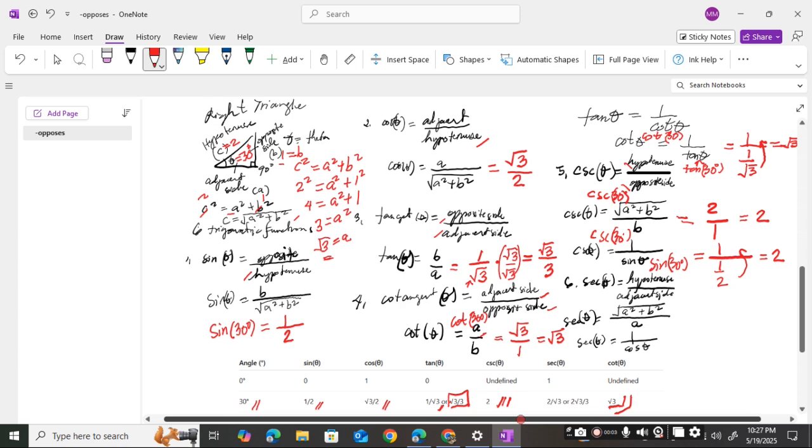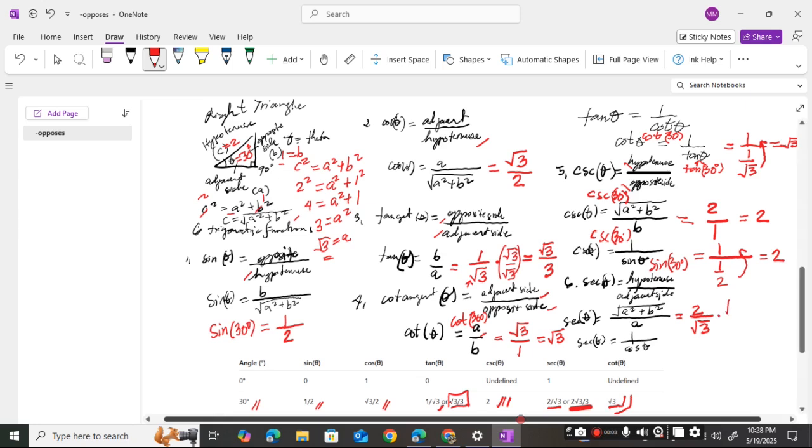Now, for the final function, which is secant theta, we notice that this is defined to be the hypotenuse over the adjacent side. Again, our hypotenuse is 2, and our adjacent side, we have calculated it to be square root of 3. So we have 2 over square root of 3. Again, what is this other expression, 2 square root of 3 over 3?